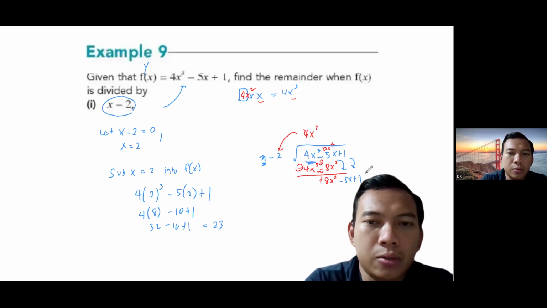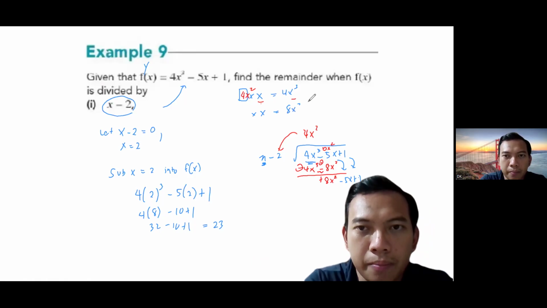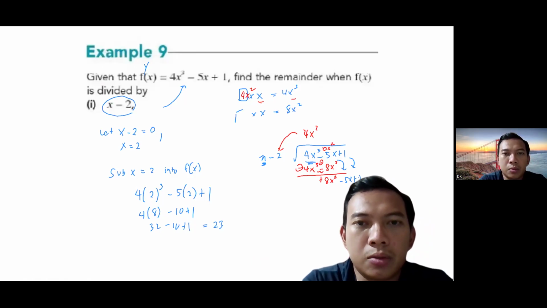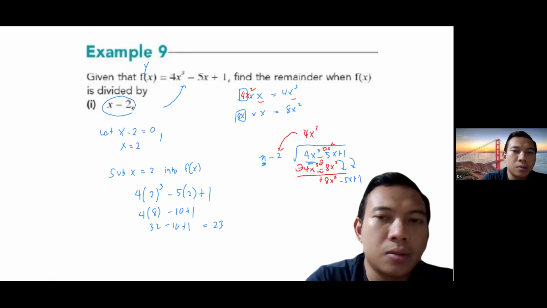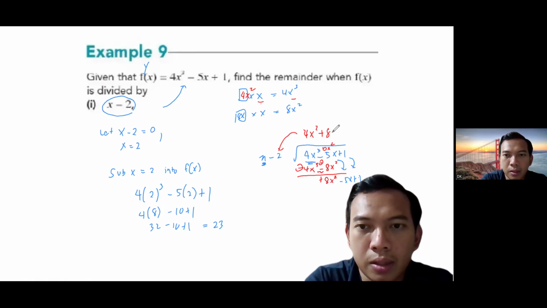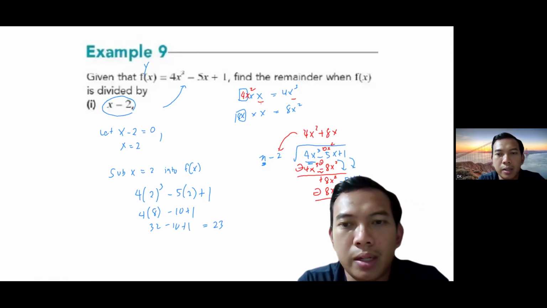Now the next one: 8x squared divided by x is 8x. So plus 8x. You get an 8x squared, and with the automatic minus, 8x squared minus 8x squared equals 0.